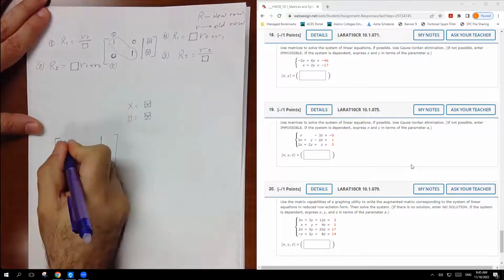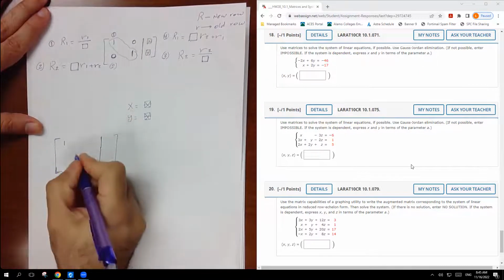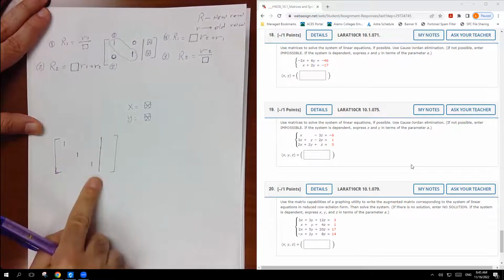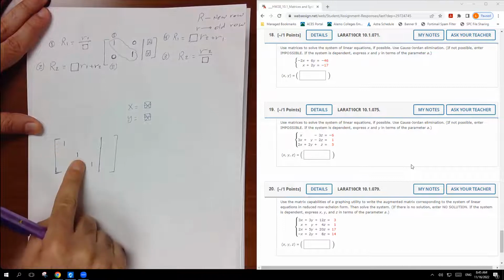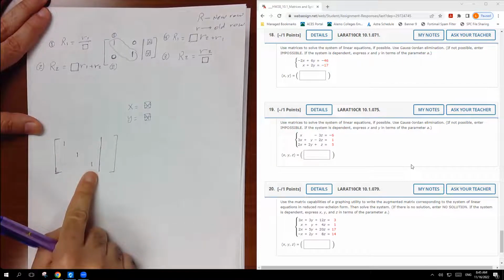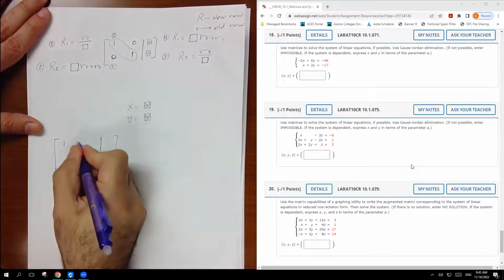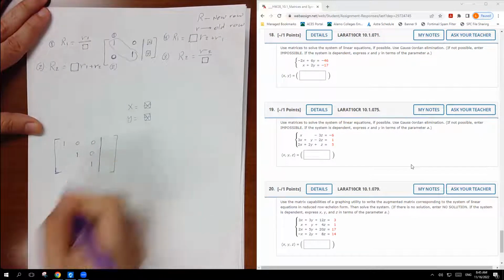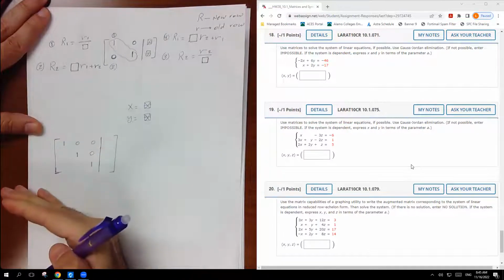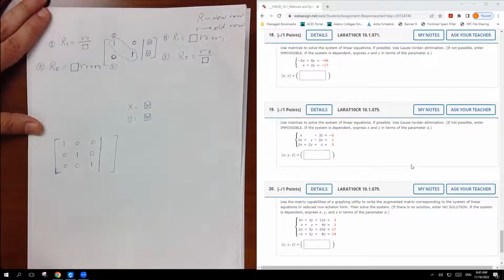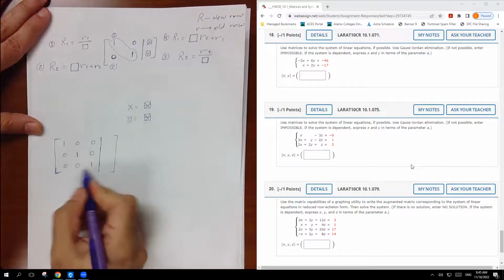Always we need to convert the number on the diagonal to 1. Convert the number here to 1, the number here to 1, the number here to 1. And the numbers on the top and the bottom of the diagonal to zeros. So that's our goal.